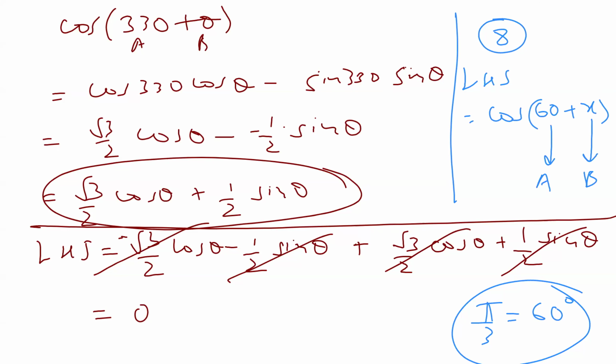Do question 9, sub question 1. Okay. LHS is equal to tan 45 plus theta and RHS is equal to 1 minus tan theta upon 1 plus tan theta, as you can see in your textbook.